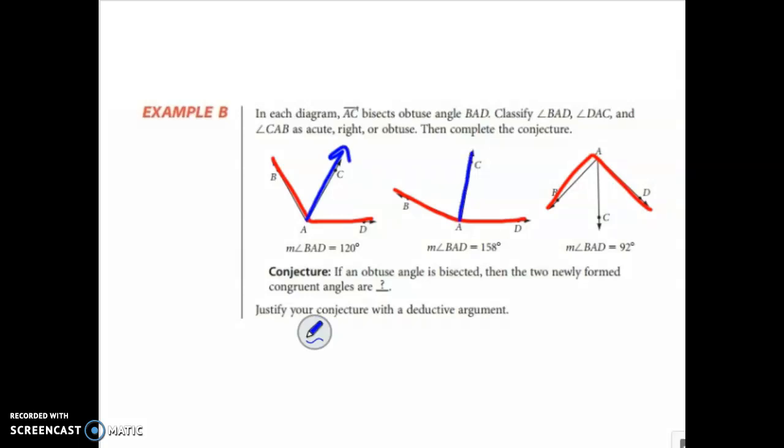And I noticed in these 3 examples that when I bisected an obtuse angle, the 2 newly formed congruent angles are acute angles. They are acute because there's no way we could have the biggest obtuse and the smallest obtuse, and they would always be acute angles.